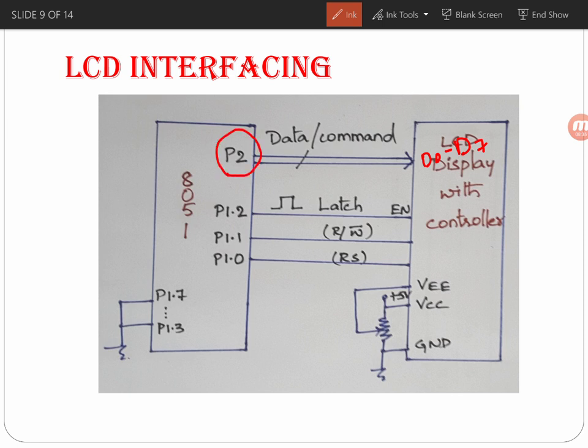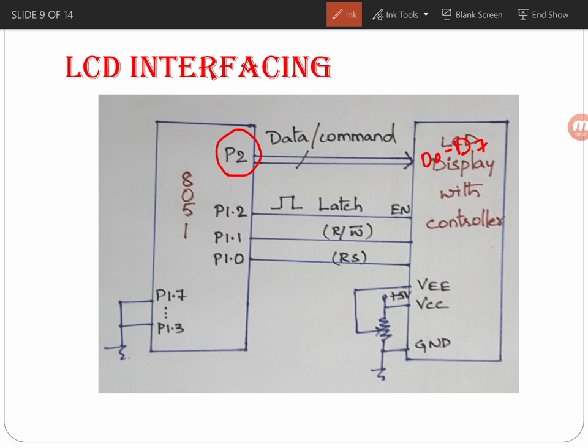We all know that 8051 has 4 ports. In that I am selecting port 2. It is an 8-bit bidirectional bit addressable port which I am using to connect to D0 to D7. Whenever the controller has the data or the command word to be sent to the LCD display, then we use the 8 lines.